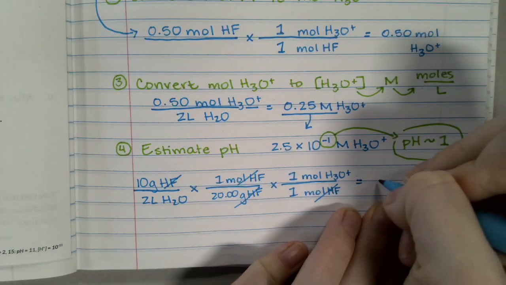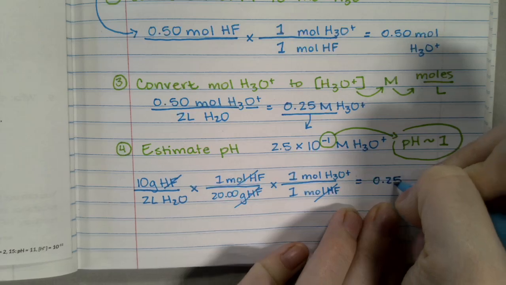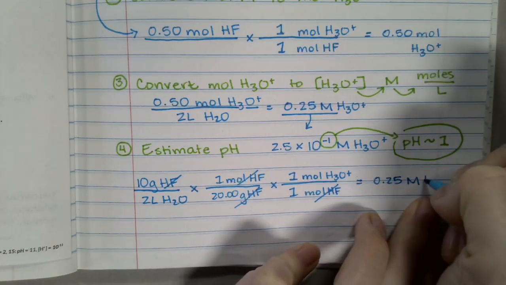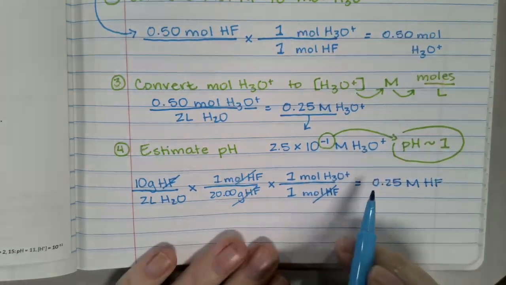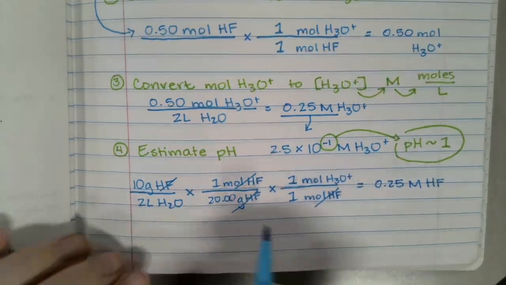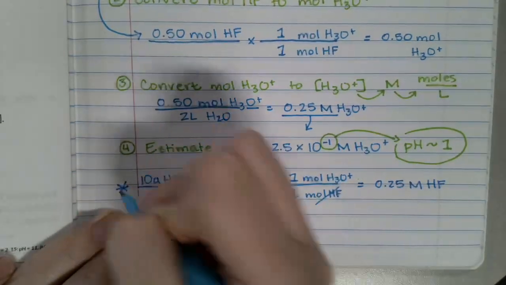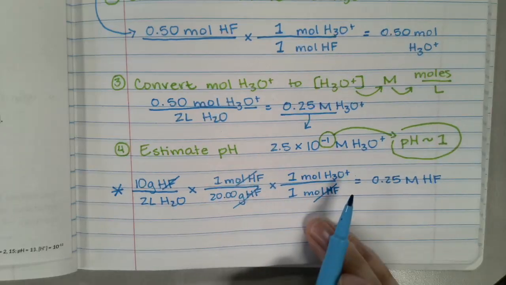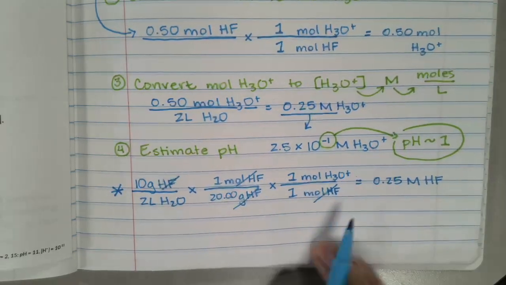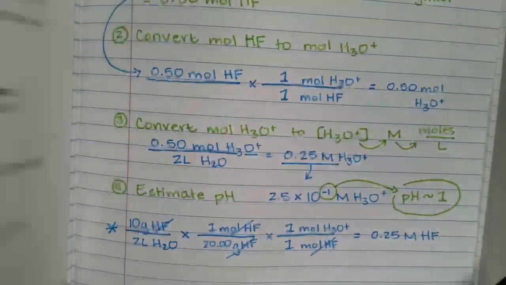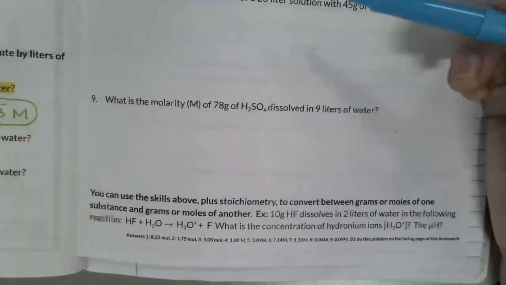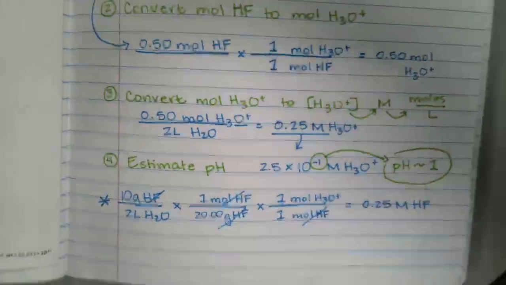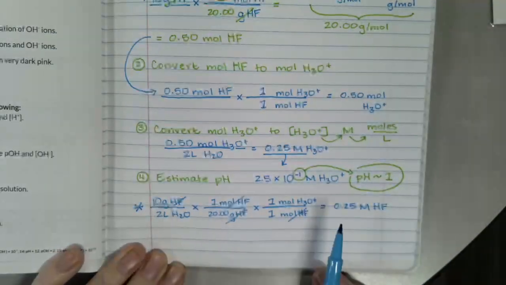So that's going to give us 0.25 molar hydrogen fluoride, and then you just estimate pH the same way we did here. So this is the exact same thing as what we did above. It's just really, really condensed. Okay, and so this problem that we just did is all of these 7, 8, and 9 on this page. We just did it a much more condensed way.